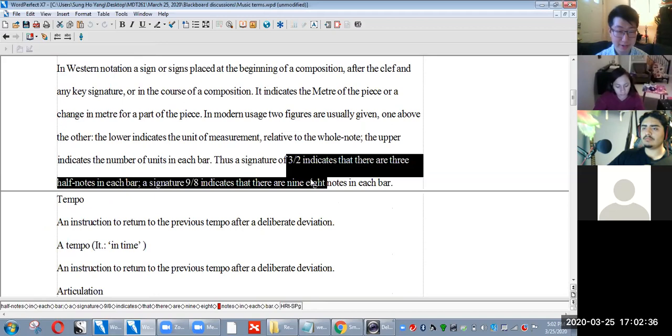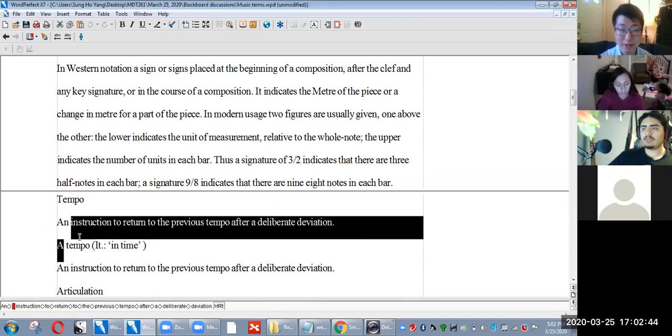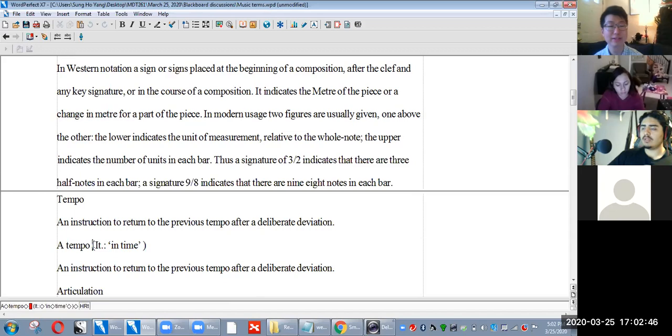Tempo. Interesting. We need to study what the meaning of tempo is. A tempo, Italian words meaning in time, is an instruction to return to the previous tempo after a deliberate deviation.